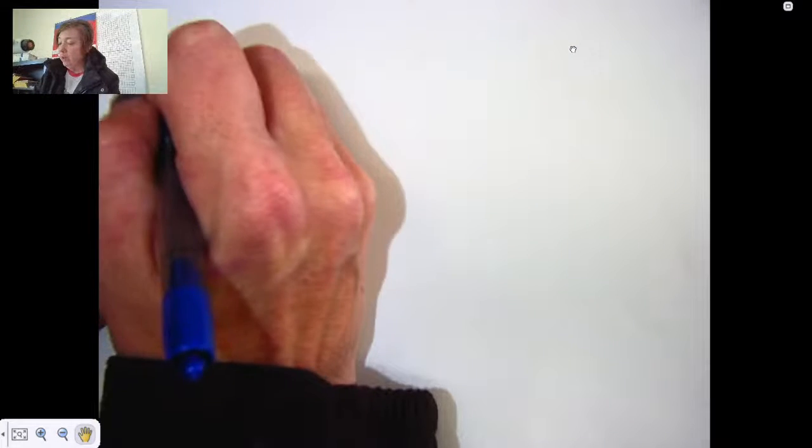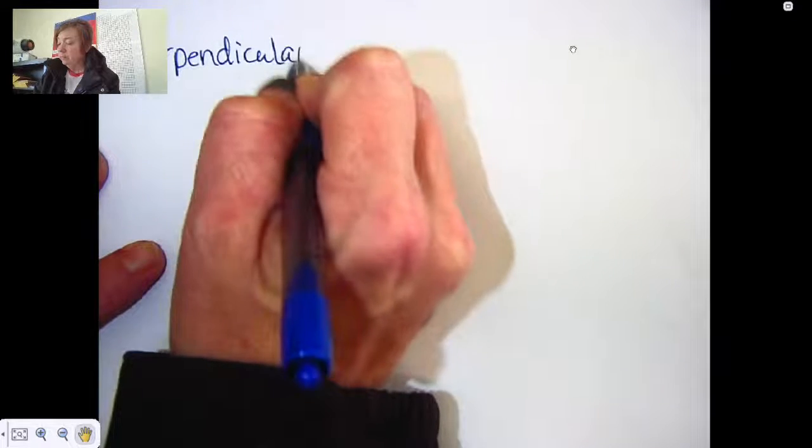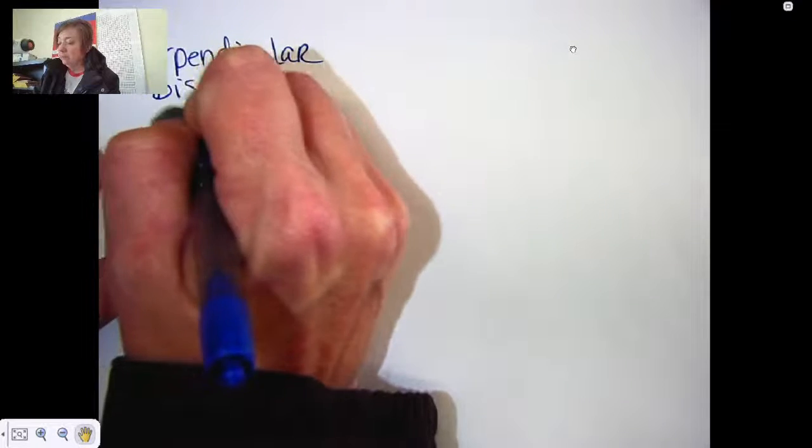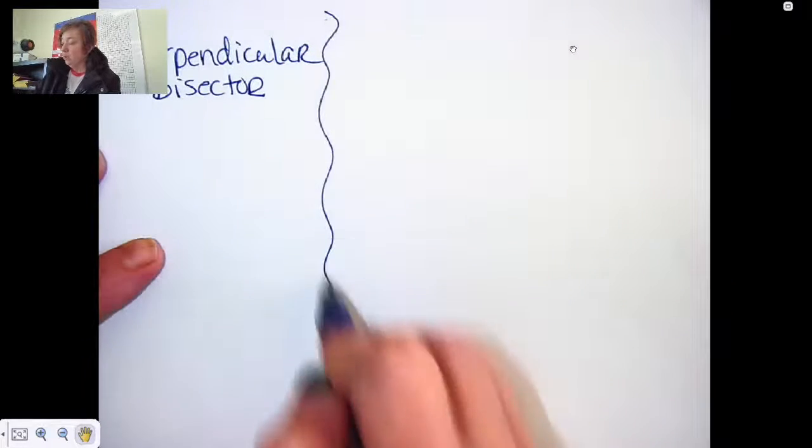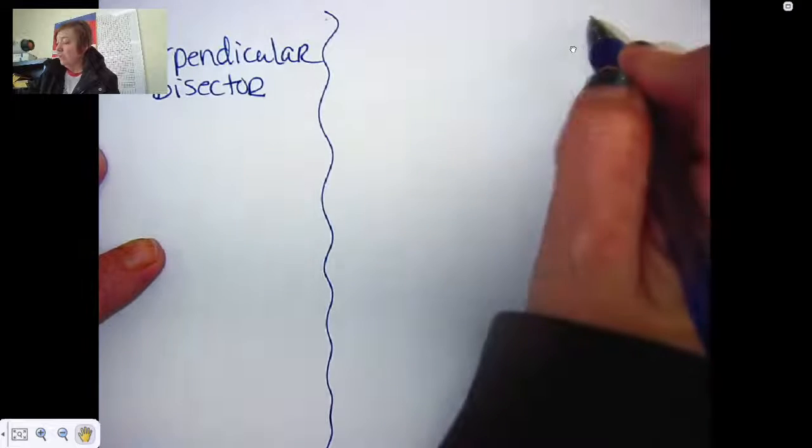So, what we're going to be talking about is some special segments in triangles. The first one we're going to talk about is called a perpendicular bisector. Now, just based on those words, what do you think that's going to be?